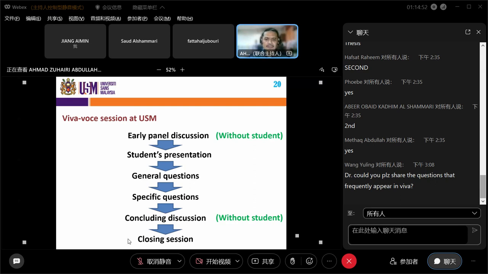What are the main concerns from every examiner, and the chairman will collect all the information for them to really have certain understanding before the Viva start. Once they are firm on their early assessment, they will ask the student to be there. So now the student will have a chance to defend.